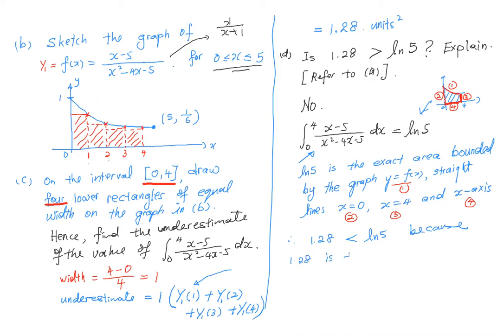It is the underestimate. Yeah, so the lower rectangle doesn't cover every part of the area bounded by the curve. Are you okay? If you don't explain this, we won't accept your answer.